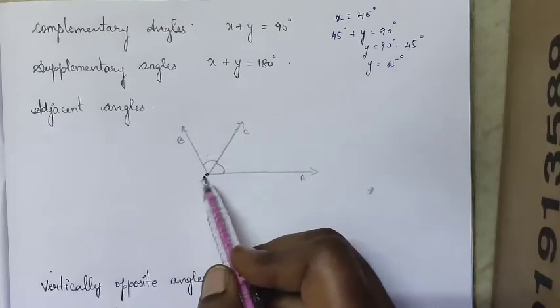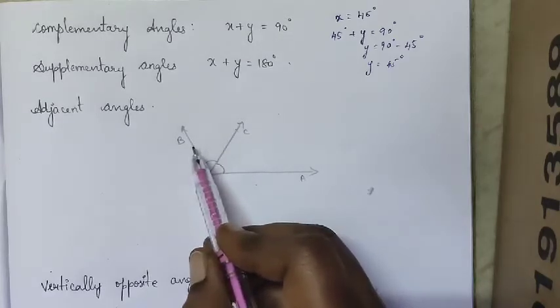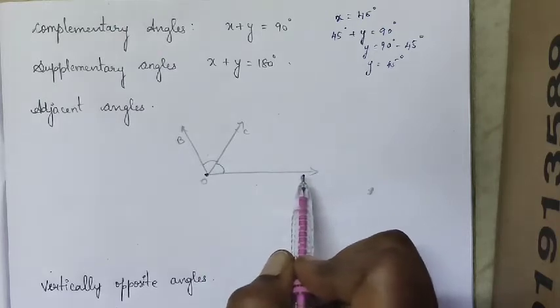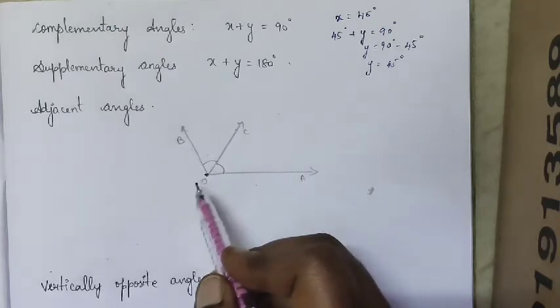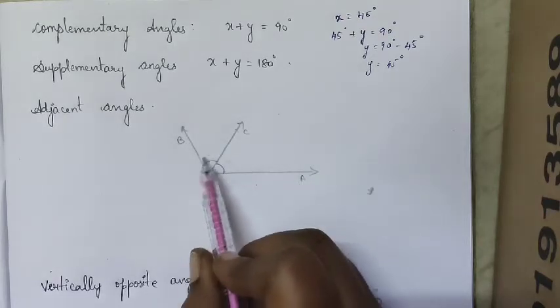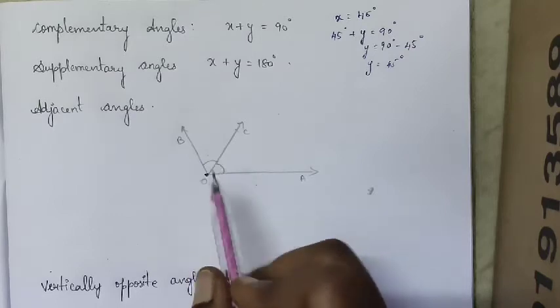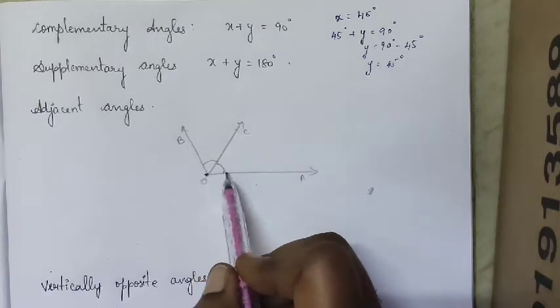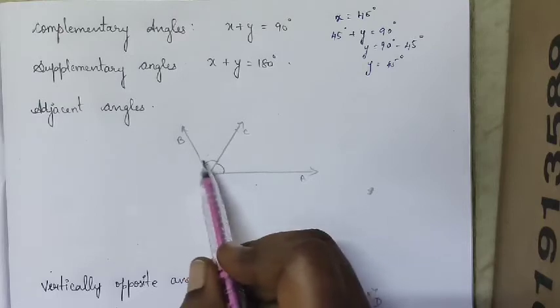This OC is common for both OB and OA. OB and OA make a full angle, an obtuse angle. Now this OC line divides the obtuse angle into two parts.